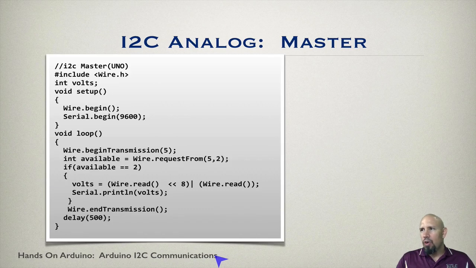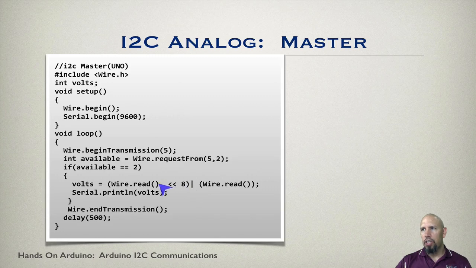So if we use this command, volts equals Wire.read, and we do a Wire.read twice, then we shift the one Wire.read over 8 bits, and then we OR it with the other Wire.read.